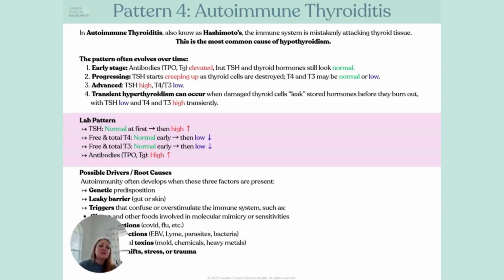And then you also need a trigger. A trigger is something that can confuse or overstimulate your immune system. Those can be things like gluten or other food sensitivities, acute infections like COVID or the flu, chronic infections, Epstein-Barr, Lyme, parasites, bacterial infections, candida, environmental toxins like mold or chemicals or heavy metals, hormonal shifts.